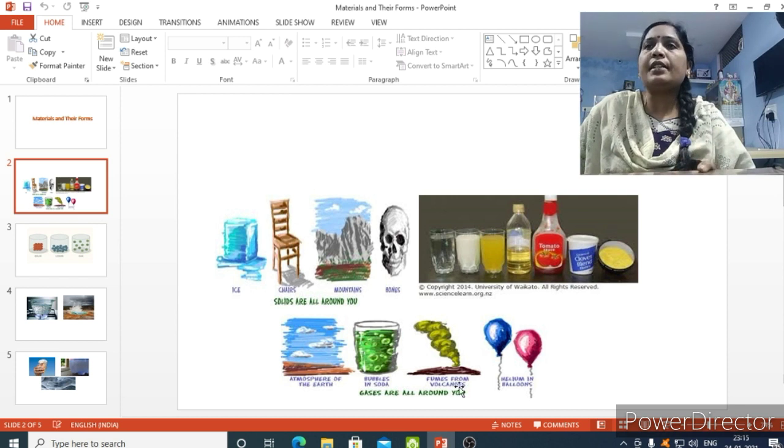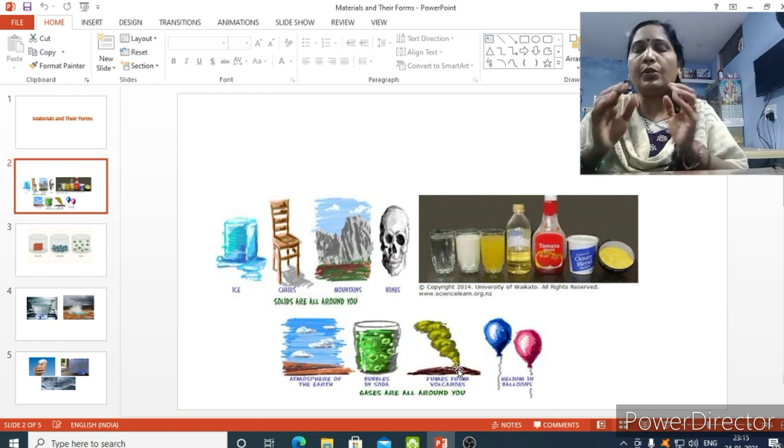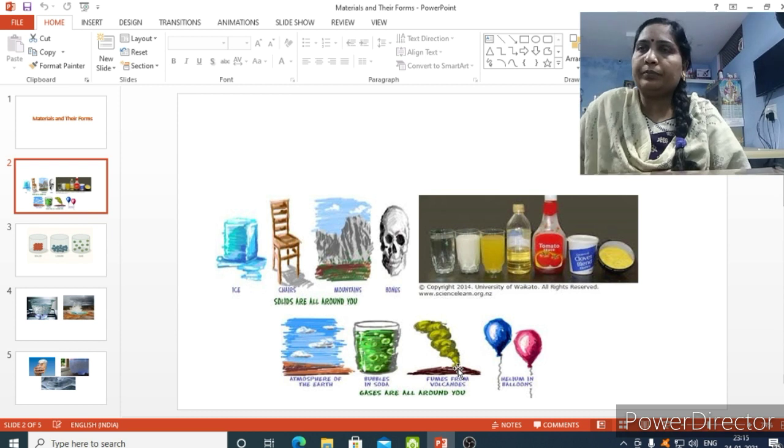And like your gas stove, the gas which is present inside the cylinder, the air which is present inside the balloons, all these you categorize into another group. So based on these properties, we can divide all the materials into three groups.